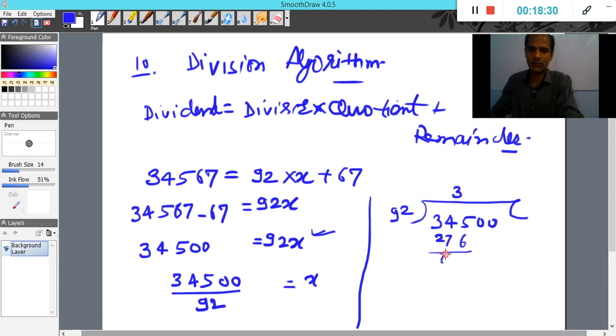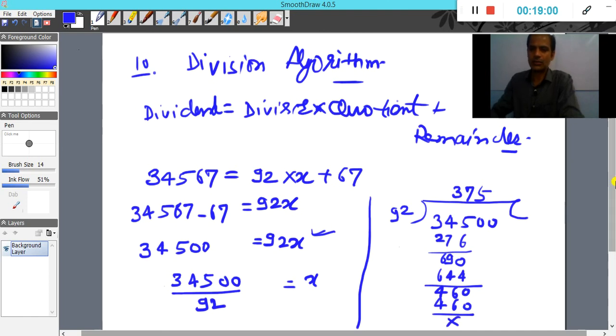After subtraction you have 69, then copy this 0, then it divides 7 times. 92 sevens are 644. Okay, after division we have 46 and it divides 5 times completely. We have to copy this 0 also. So it divides 5 times and we have 92 fives are 460.